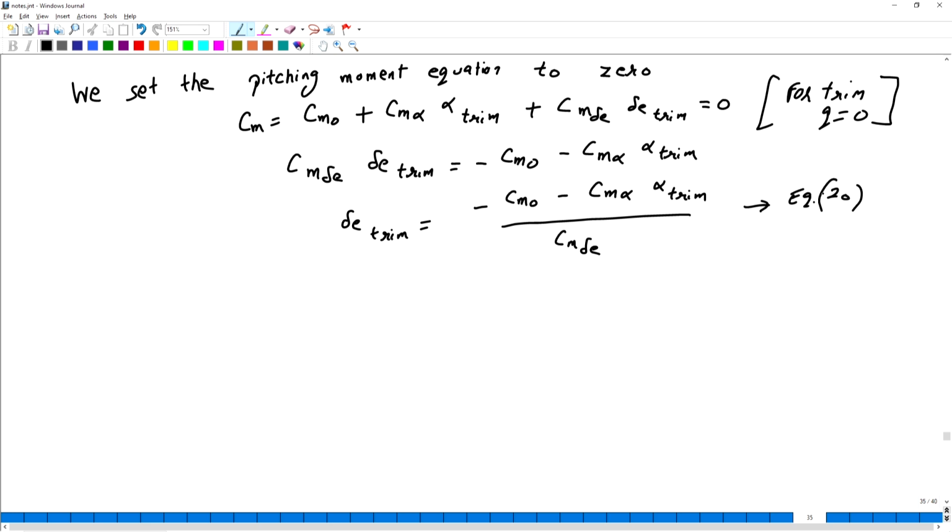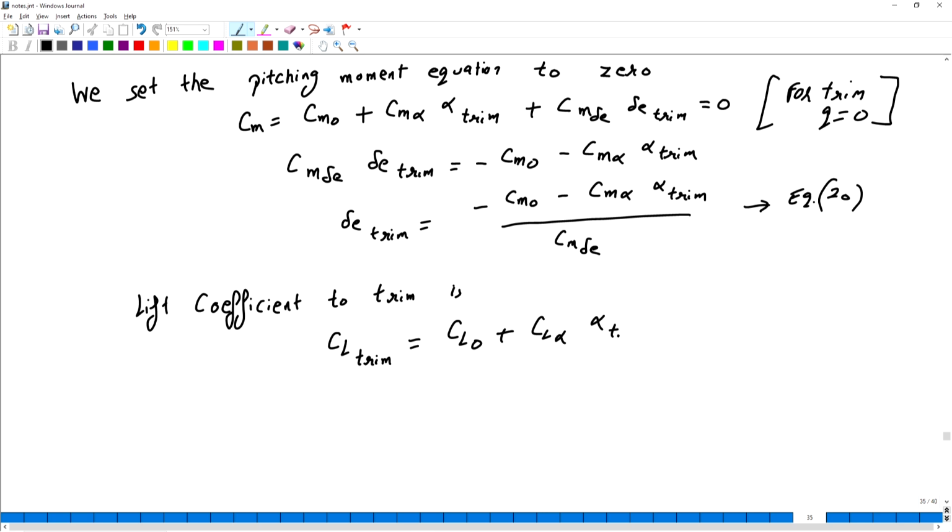Now the lift coefficient, we need lift coefficient as well. The lift coefficient at trim is CL trim equals CL naught plus CL alpha into alpha trim plus CL delta E into delta E trim.